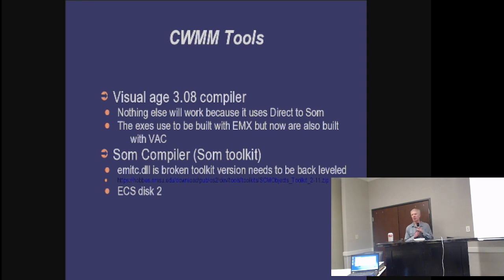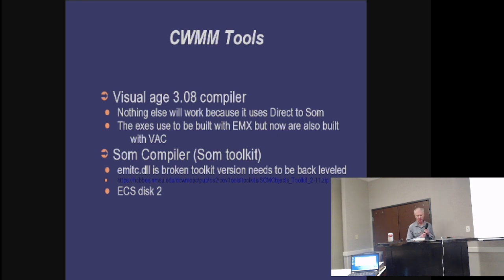Okay, so this is a little bit about how I got the build. It turns out that you can only build it with one thing, and that's Visual Age 3.08. It's because it has a feature called Direct to SOM, which compiles part of the SOM stuff. That was taken out of Visual Age in 3.65, so the first problem was figuring out that there was only one compiler you could use.